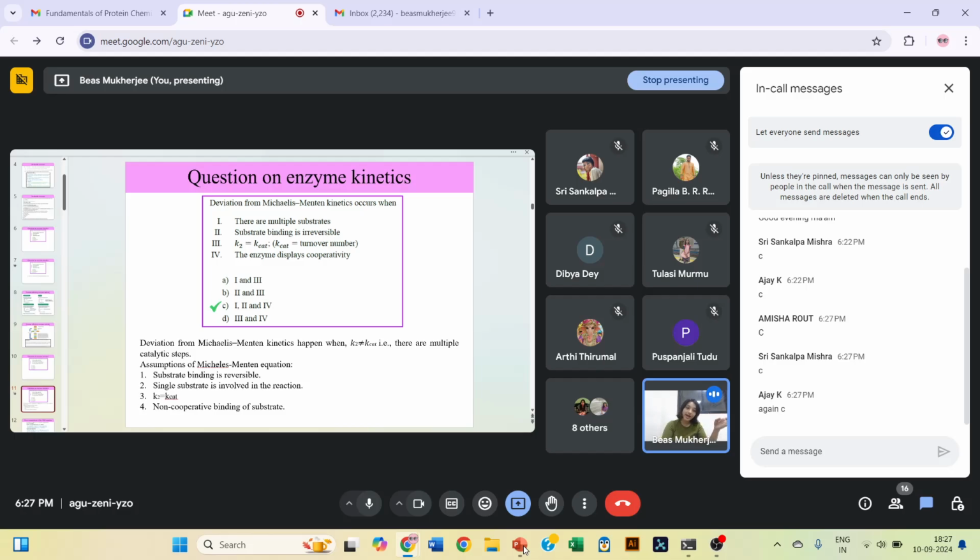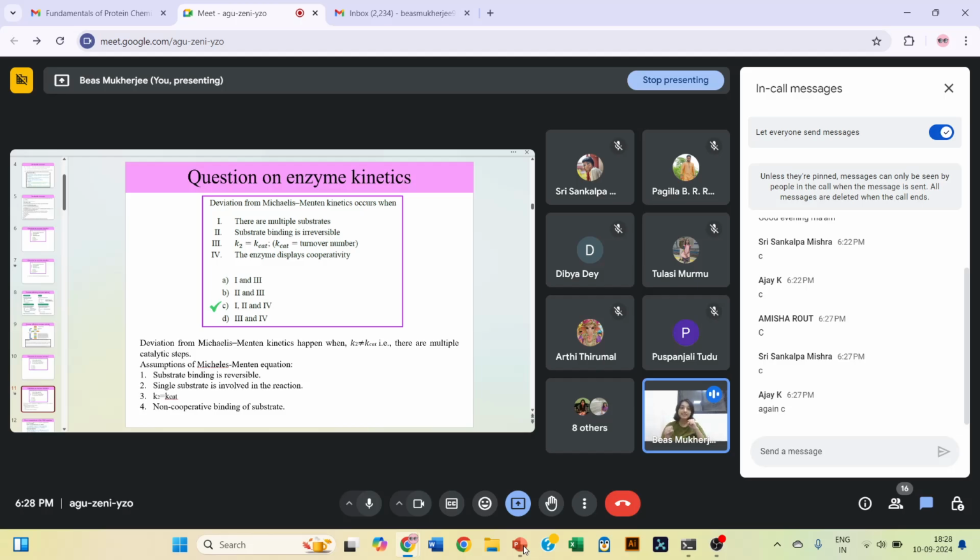K2 is equal to Kcat, that is true. That is definitely true. Okay. Now, the enzyme displays cooperativity. Michaelis-Menten equation is mostly valid for enzymes that do not show any kind of allosteric interaction or cooperativity.